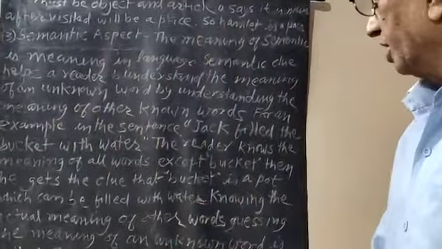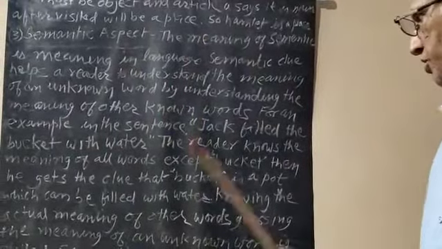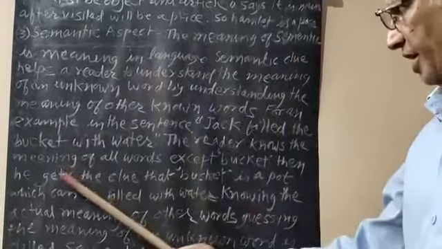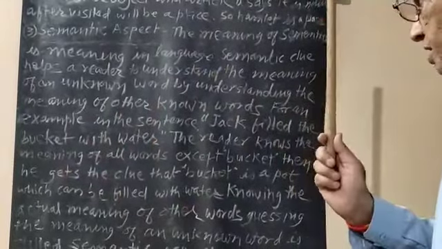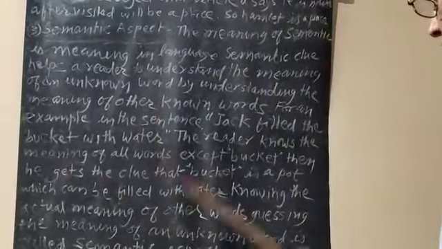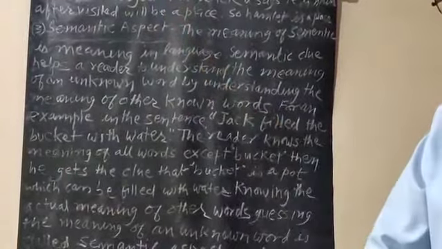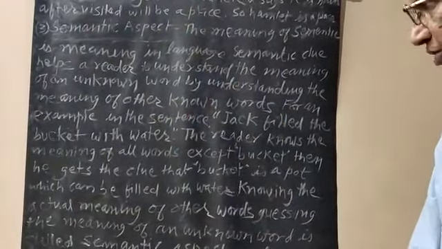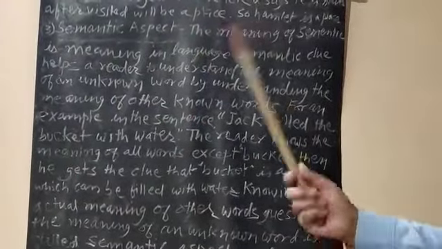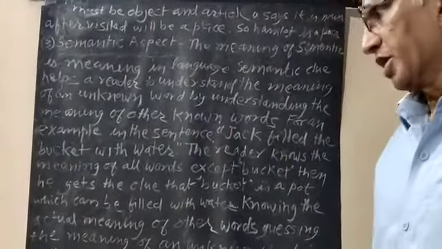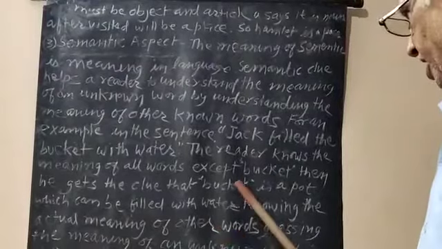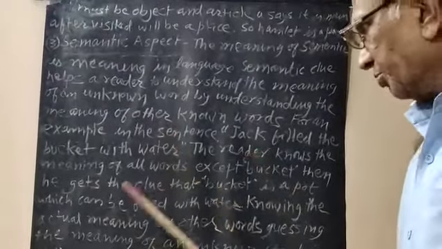For an example, in the sentence, Jack filled the bucket with water. Now he knows that Jack is a person. Filled means bharna, he knows the meaning. Suppose he does not know the meaning of bucket. But he knows filled and with water.